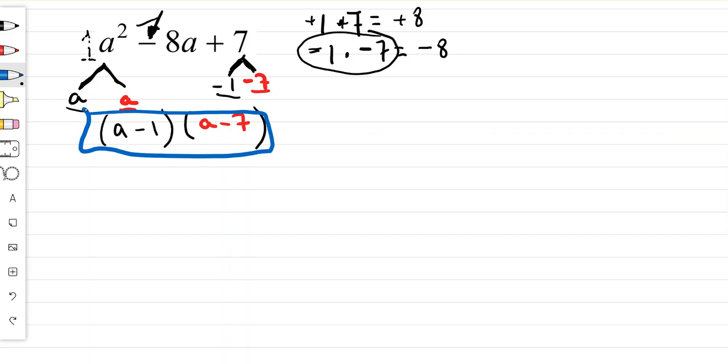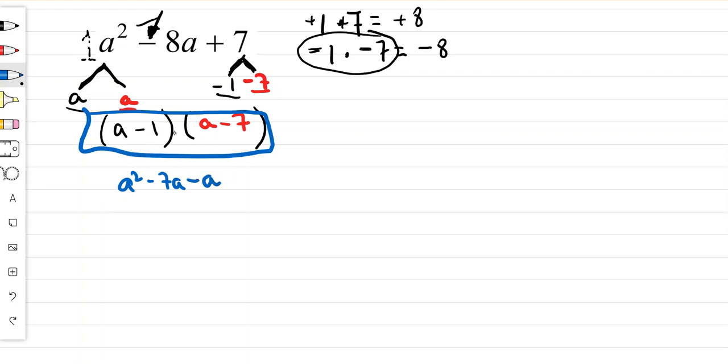At this point, I cannot stress how important it is for you to check this to make sure it works out. So let's do it real quick. If I take a and multiply it to a, I get a squared. If I take a and multiply it to negative 7, I get negative 7a. If I take negative 1 and multiply it to a, I get negative a.